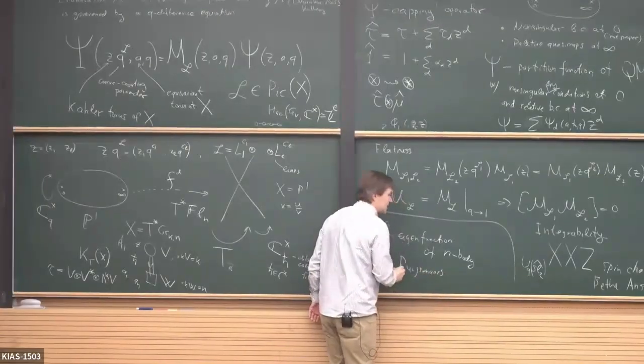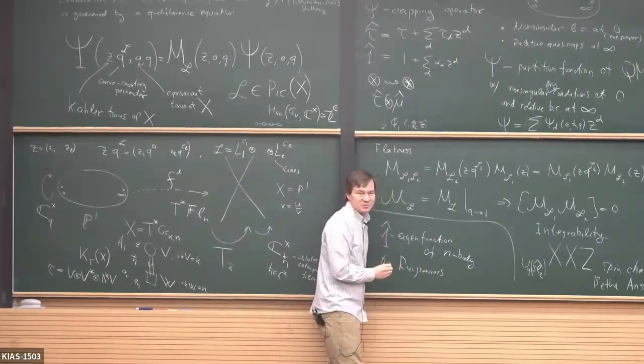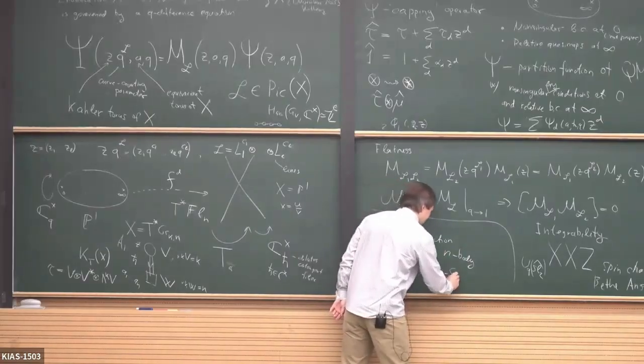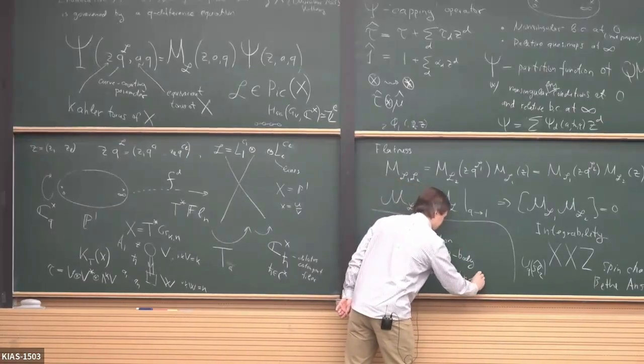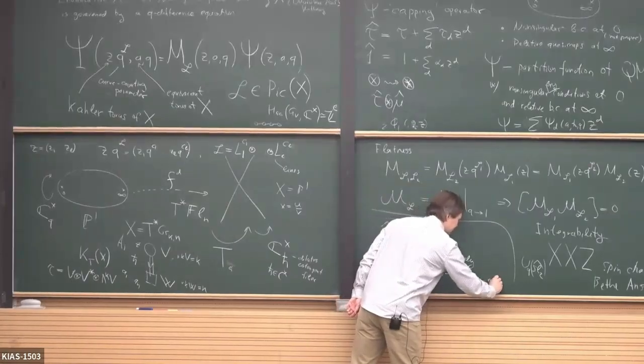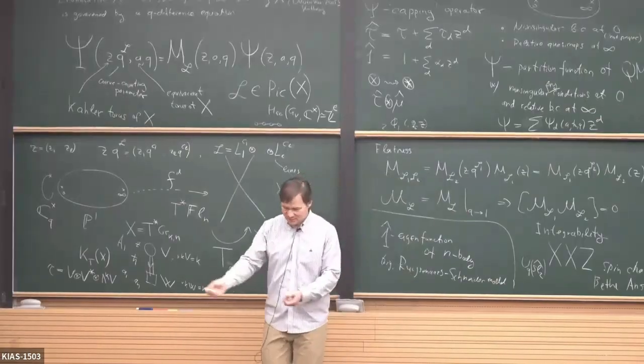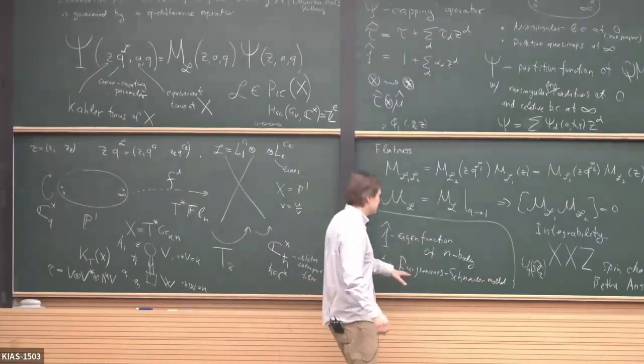So, is there a Dutch person in the room who can pronounce it properly? Ruijsenaars-Schneider. It's a relativistic Calogero system. When you have particles, they move at relativistic speeds, and there's a many-body system which is integrable.